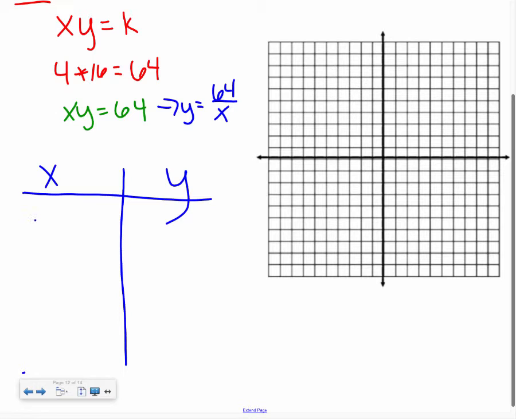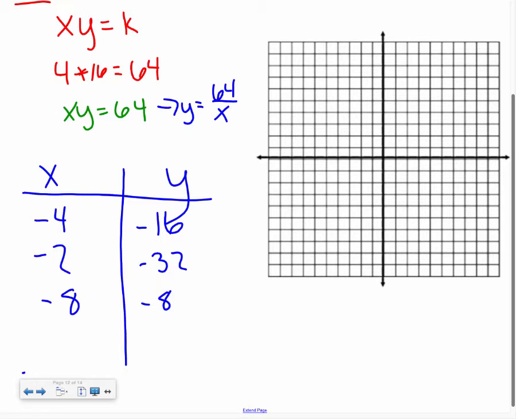So I'm going to start with a -4, because if I do a -4, I'm going to get an even number. I'm going to get a -16. If I do a -2, that should go in there nicely. It's a -32. If I do a -8, it's another number that goes into 64. I get a -8 out.